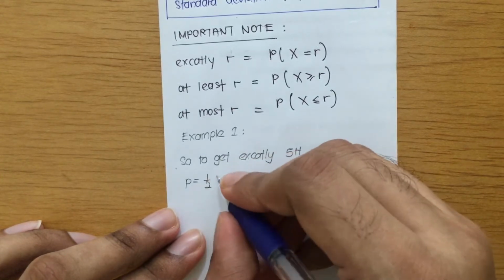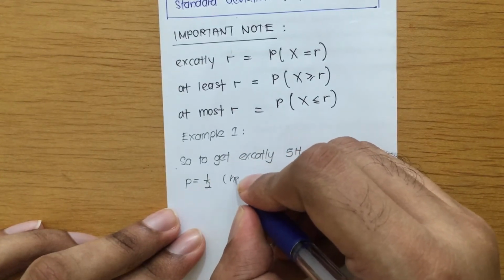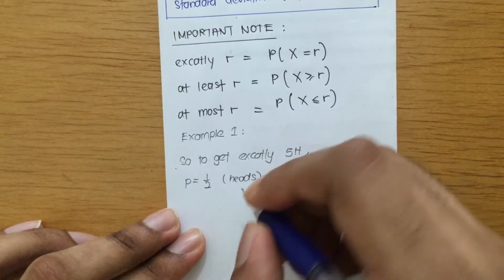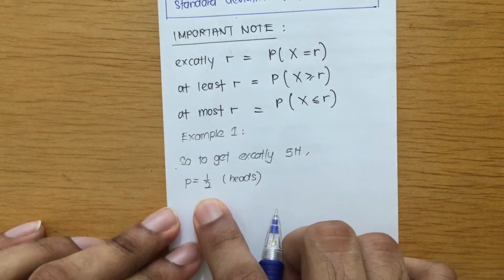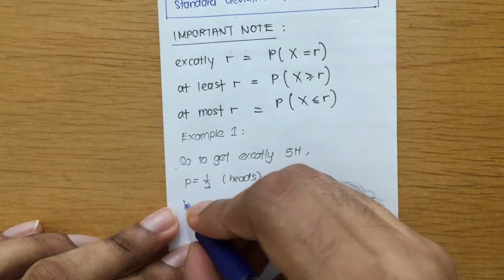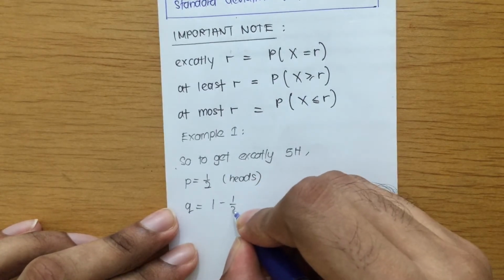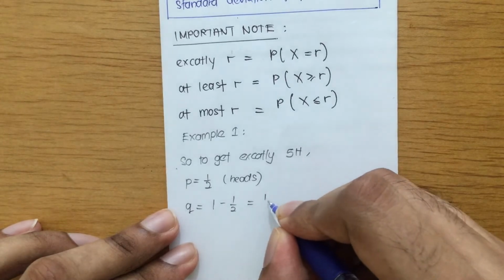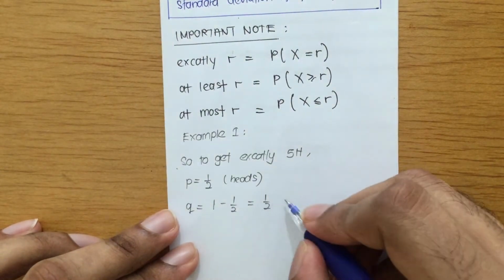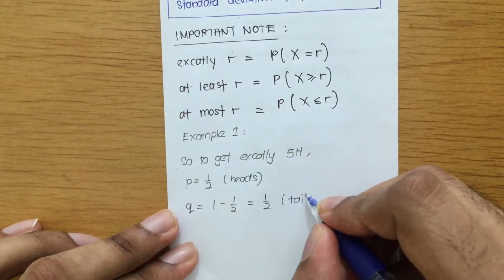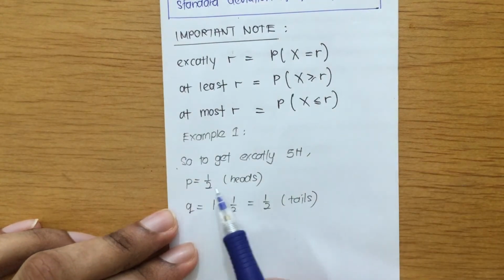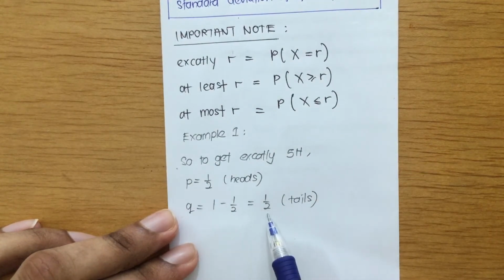This 1 over 2 is actually for the heads. Once you find your probability of success, you need to find the probability of failure, q, which is equal to 1 minus 1 over 2. From here, you get your answer, 1 over 2. This is for the tails.